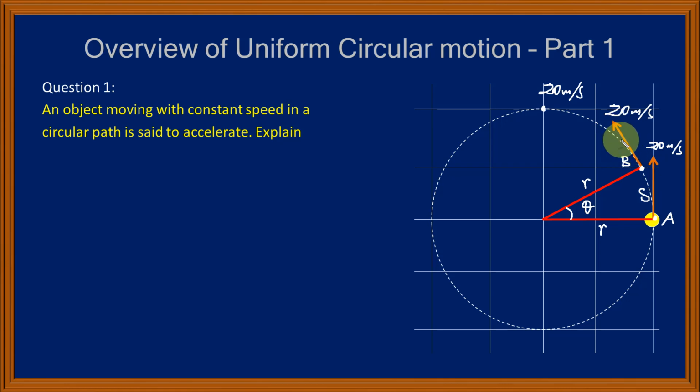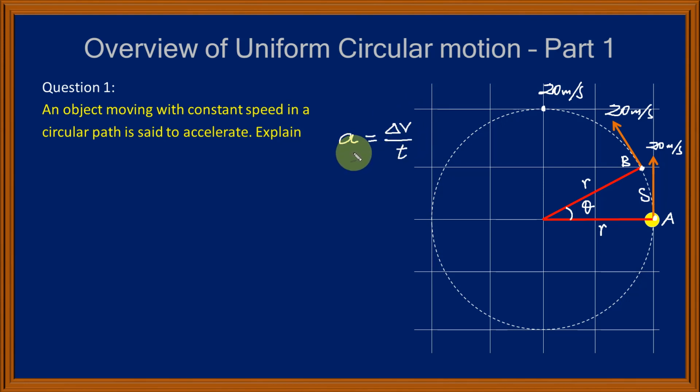Now once we agree that the velocity is changing, we go back to the definition of acceleration. Acceleration is change in velocity divided by the time it took for that velocity to change. So any object which experiences a change in velocity must be accelerating.